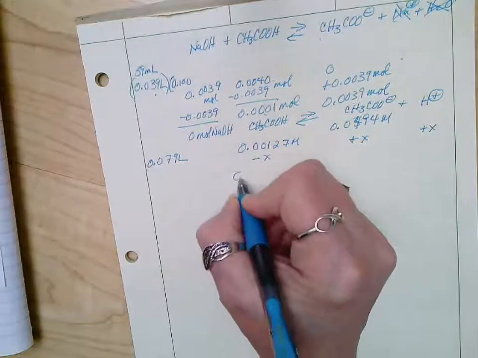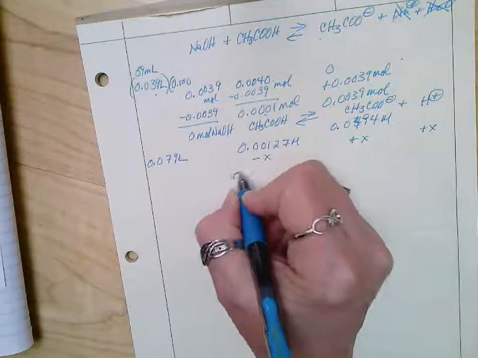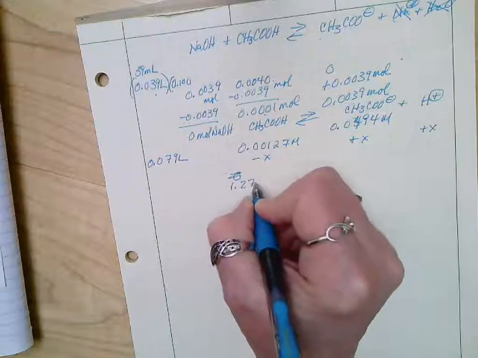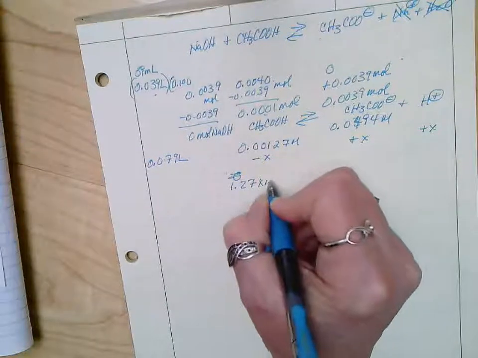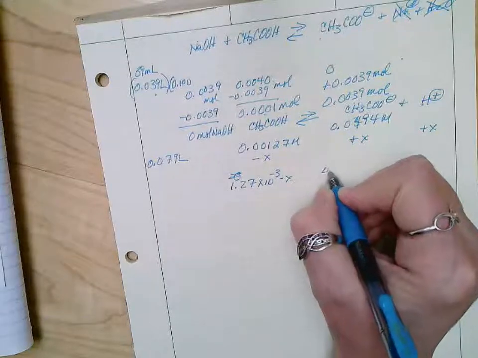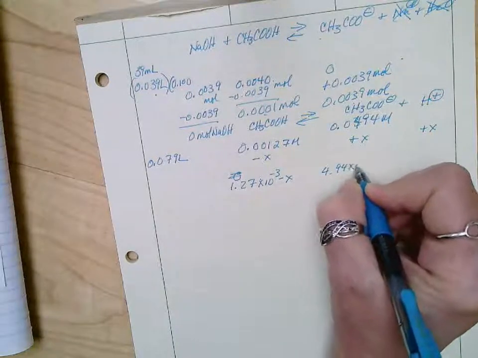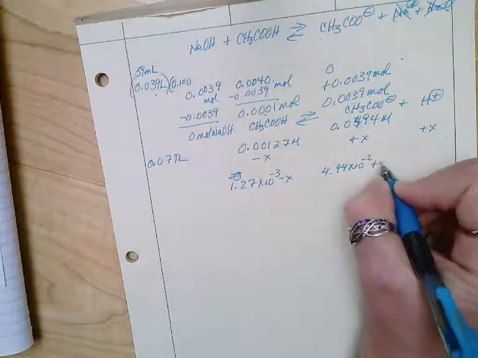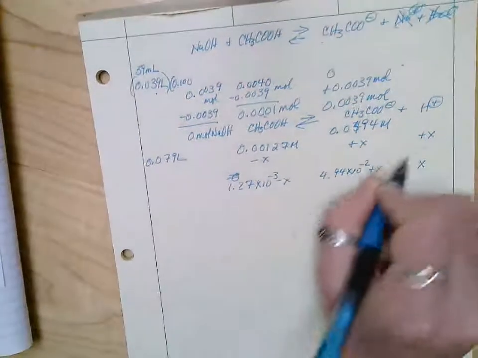And this will be, well, I'm just going to do 1.27 times 10 to the negative third minus X, 4.94 times 10 to the minus 2 plus X, and then X.